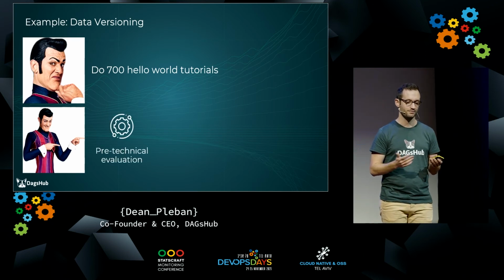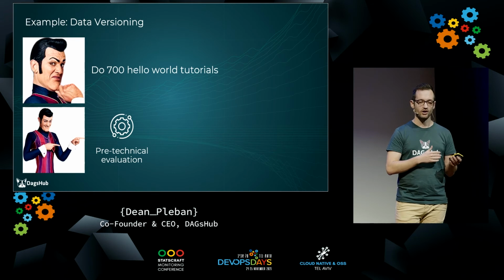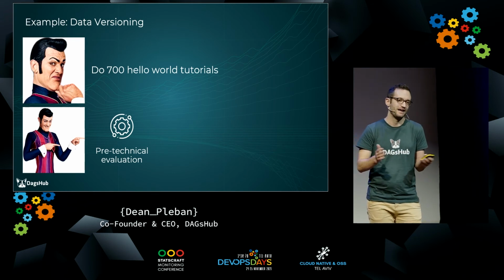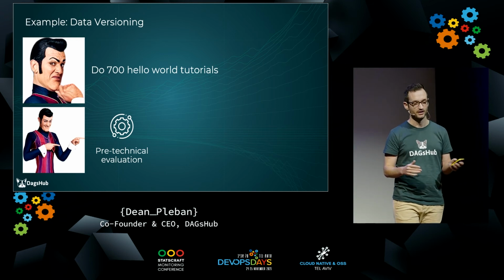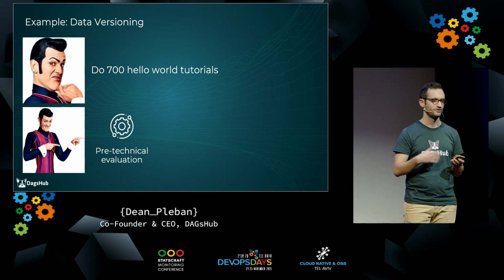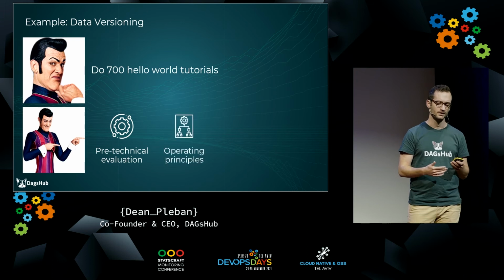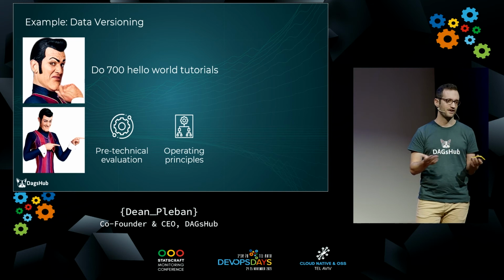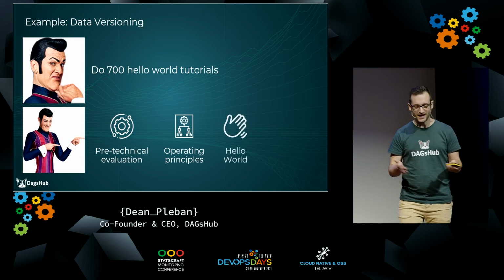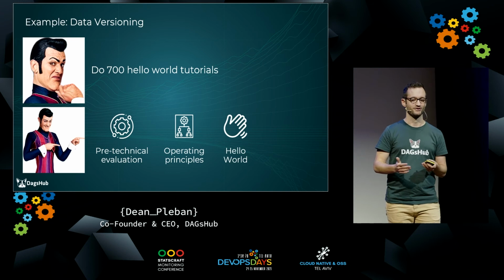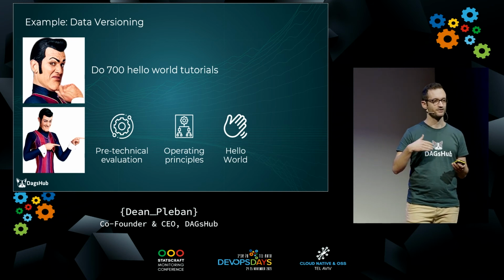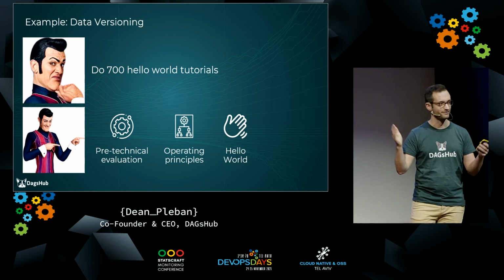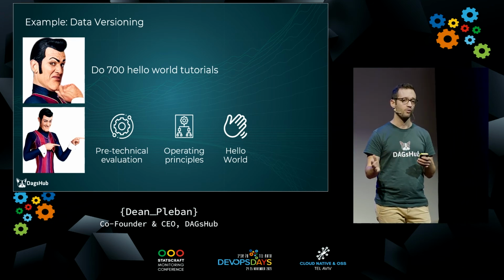And so the first thing is pre-technical evaluation. You want to look at the different parameters of the projects that you're evaluating without even installing them or playing around, just to see that it makes sense for you to take the next step. After that, you want to see that the operating principles are presented and actually make sense. Then you're going to go ahead and do the Hello World tutorial. And what I think is the main dividend of this process so far is that instead of doing 700 of these, or 5 or 10, you're going to do 1 or 2.